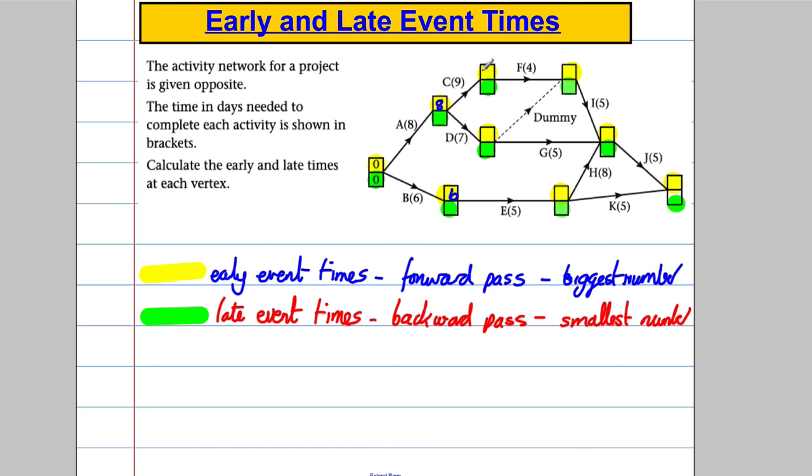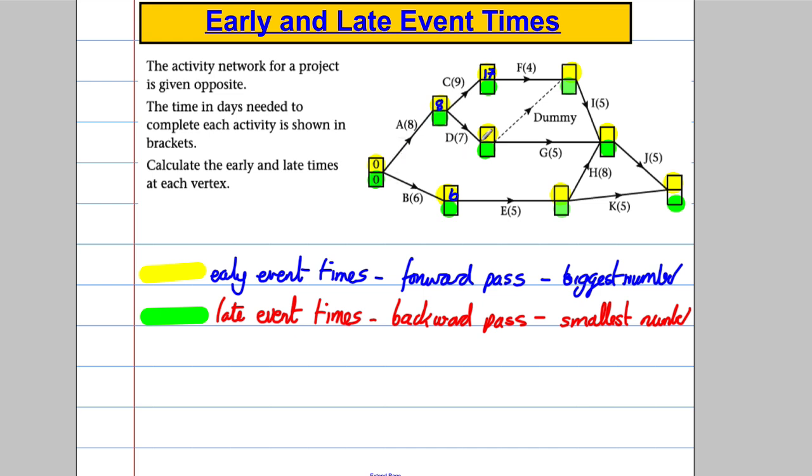Okay, now let's look at C. The activities that need to happen to get to this event are A and C only. So the earliest time I can get there is the sum of 8 and 9, which is equal to 17. So I'm going to put 17 in there. Let's think about D now. What needs to happen to get to D?